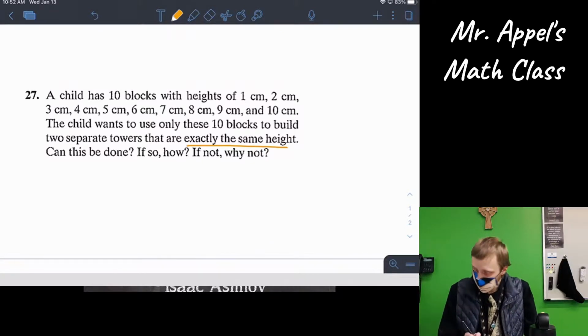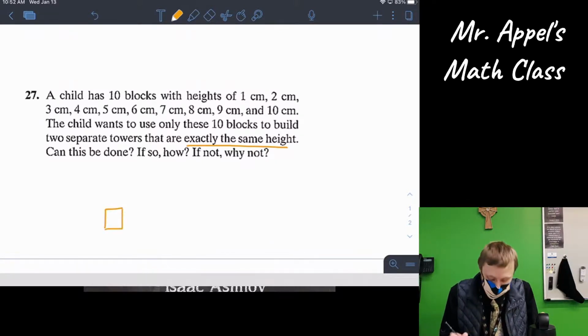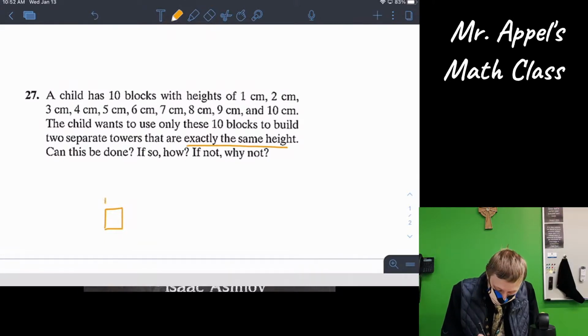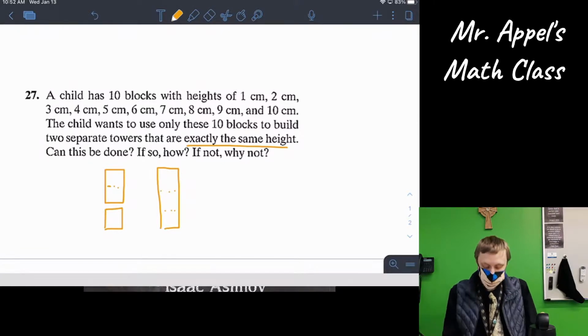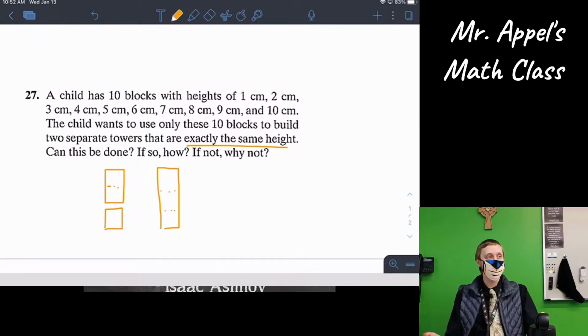So we're saying if you take the 1 block, and then you take the 2 block, and then you take the 3 block, here I've got 2 towers, both 3 blocks high. Except I've only used 3 of the blocks.